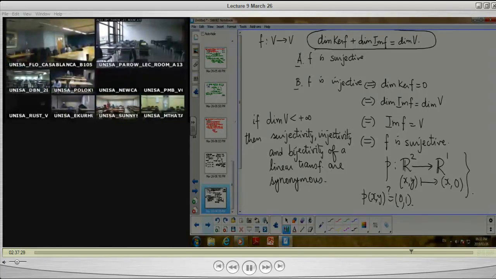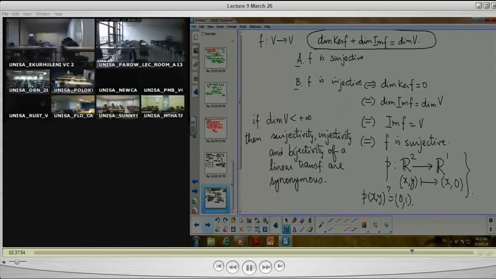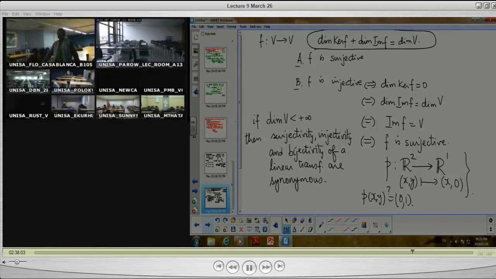Because you told me right now that G composed F is bijective if and only if G and F are both bijective. So that's why. Isn't it the same?